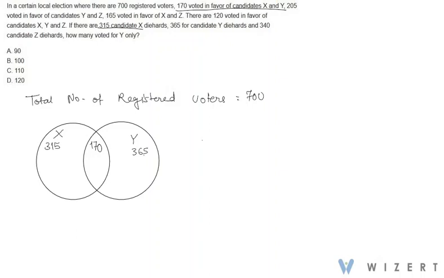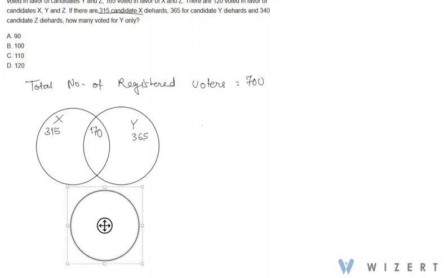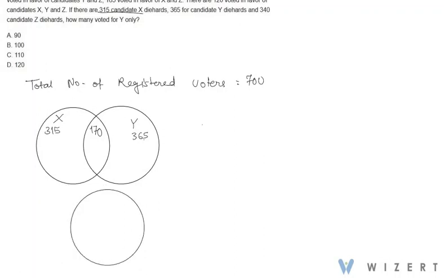Now there is this third circle which represents candidate Z diehards. It is given as 340 candidates.